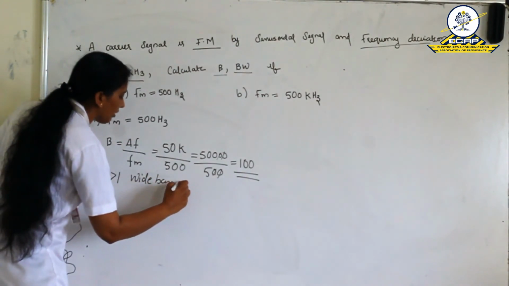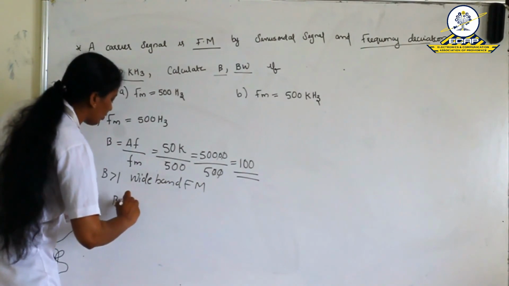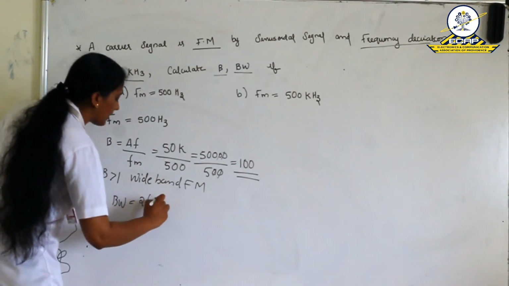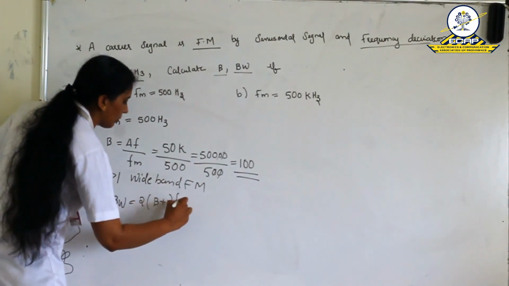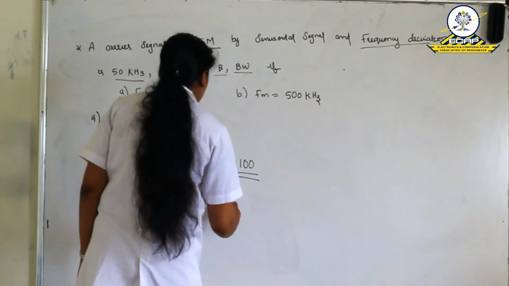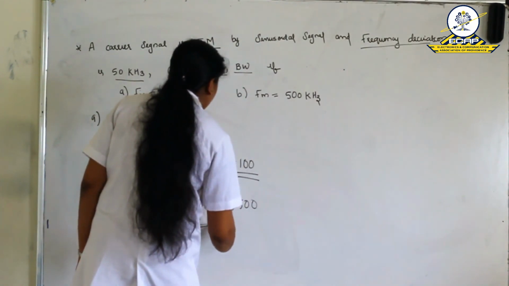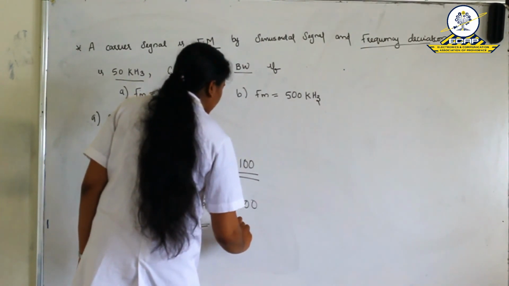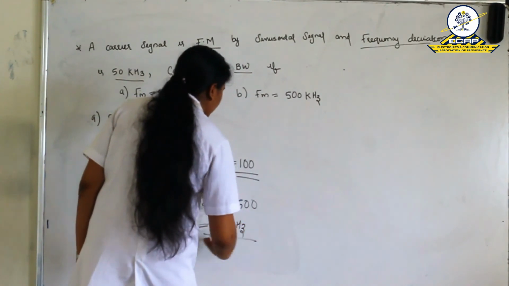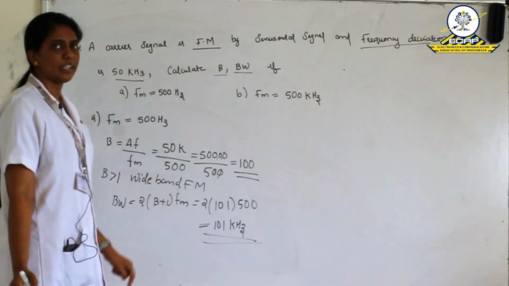The general expression for bandwidth for wide band FM is 2 into (beta plus 1) into fm. By substituting these values, we get 2 into 101 into 500, that is approximately 101 kilohertz. This is the answer for fm equal to 500 Hz.